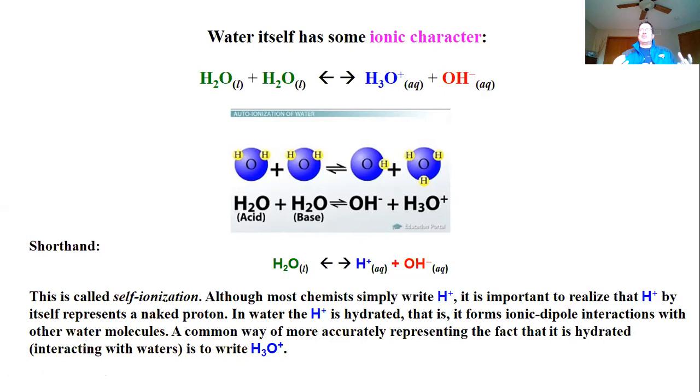So even in just pure water, you've got all these water molecules. They're always going apart, coming together, going apart, coming together, right? One is always throwing a hydrogen towards the other, and you're doing this constantly. Now it's an equilibrium, so the concentrations don't change.